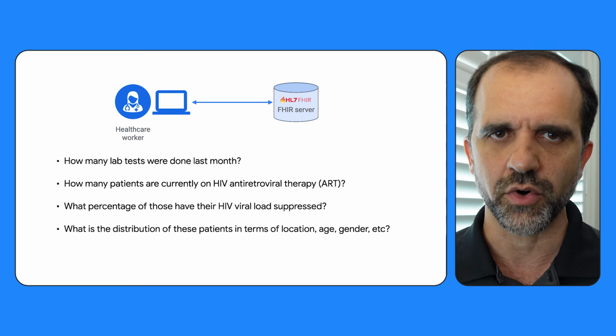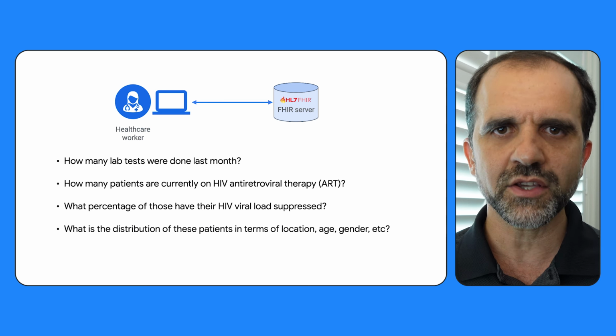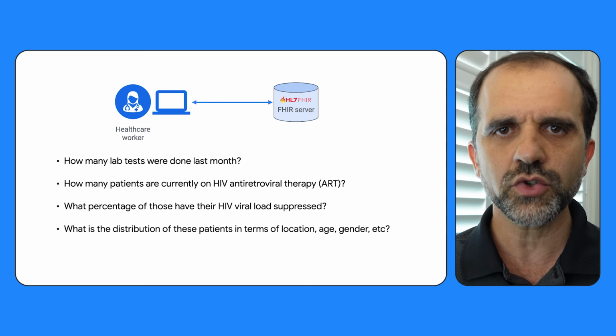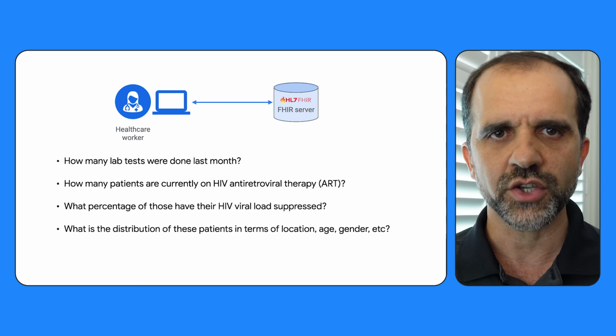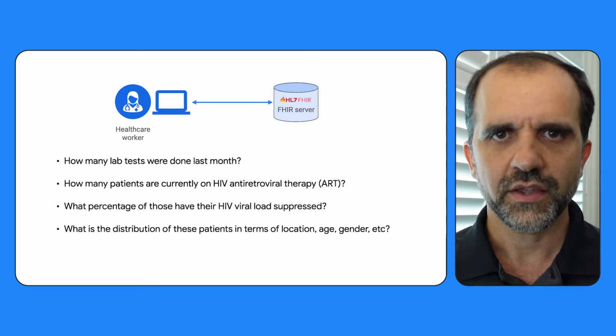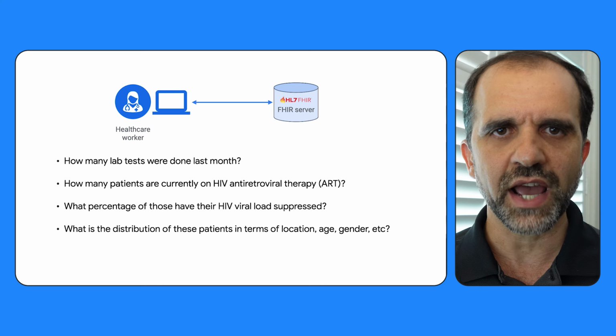In a common database or data warehouse, we usually use a query interface and language like SQL for such analysis. There are two problems with crafting and running these queries. First, the FHIR servers are usually optimized for transactional queries. For example, fetching or mutating data for a single patient or resource.